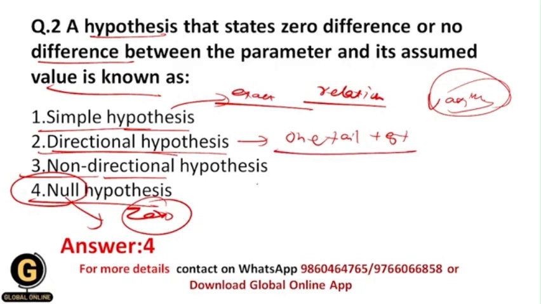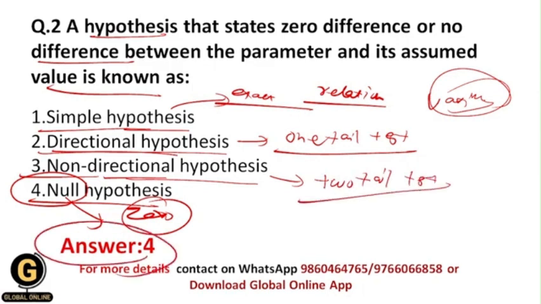And what is non-directional hypothesis? This is exactly opposite to the directional hypothesis, because here the hypothesis does not state the direction of the results of the test, and that's why this hypothesis is tested by two-tail test. Okay, two-tail test, and that's why your correct answer should be 4, students, which is null hypothesis.